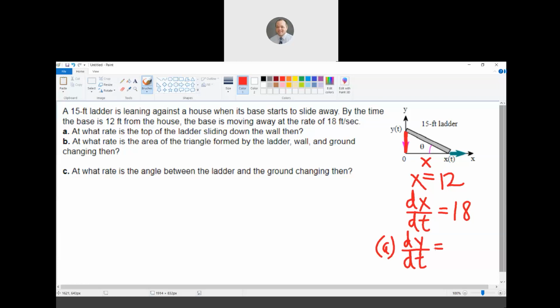Our ladder forms a right triangle with the wall and the base. So we can use the Pythagorean theorem to get us started. x squared plus y squared equals, we'll just represent the ladder with the letter L. Now the ladder is constant.